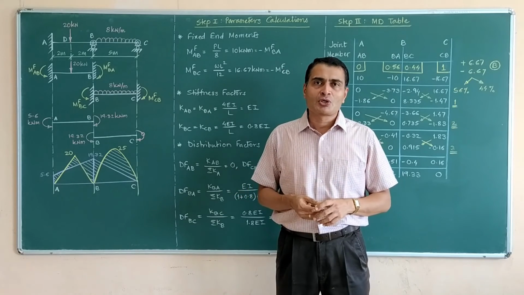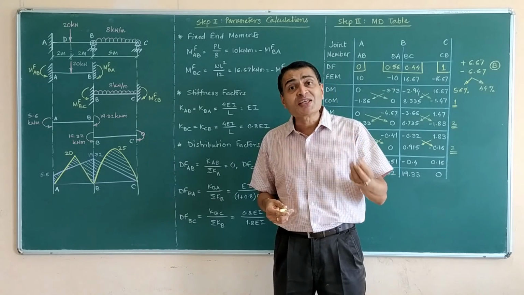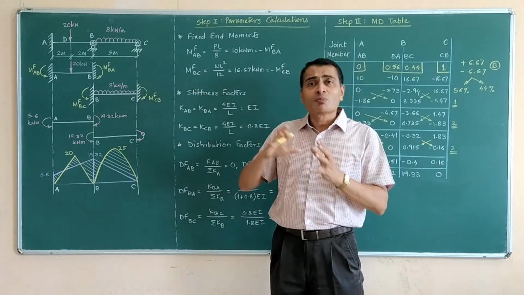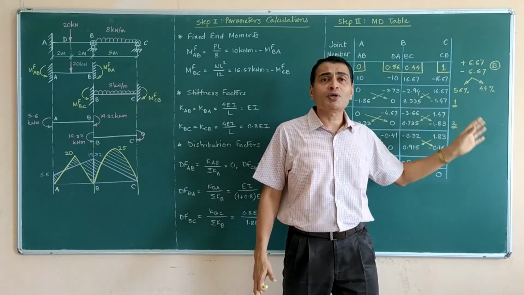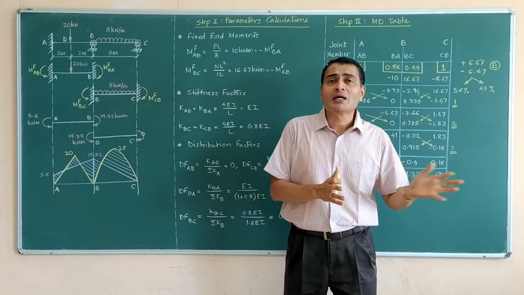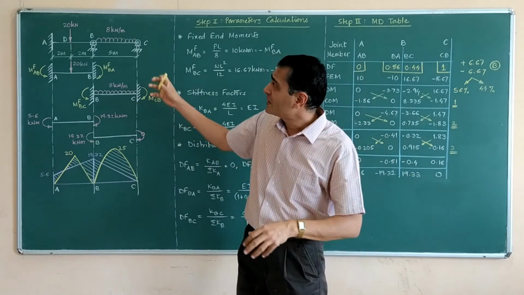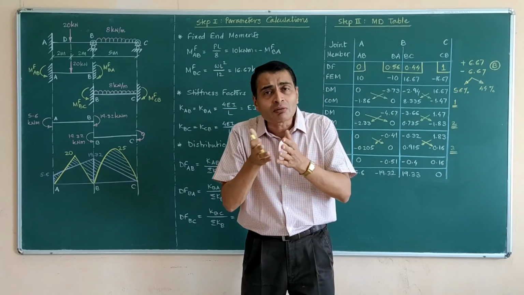So a few more problems we will be solving which will involve sinking of support, some variety like this, a longer beam, slightly longer beam, so that the analysis, or the table, would be more involved. And now mind you, I will not be going into restraining the joint, applying the moment, balancing the moment, all this.